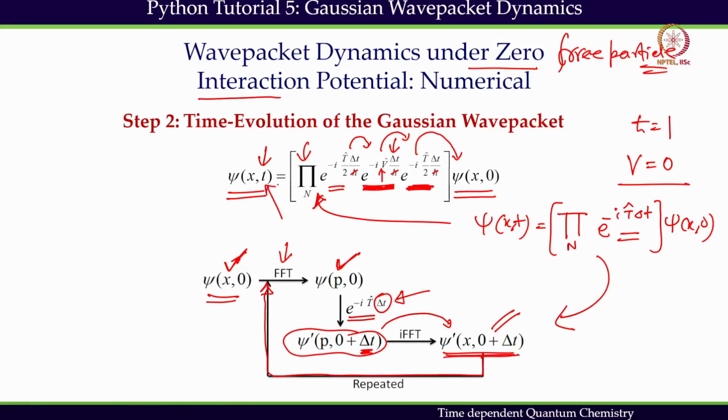That is the basic idea, and the final time is going to be n delta t. So, n times I have to repeat this one. Here this psi x x0 represents the initial wave function.